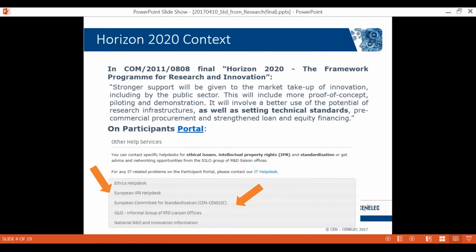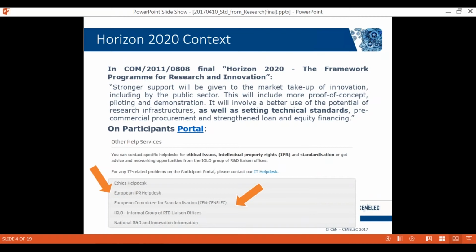In the communication that sets the Horizon 2020 framework, standards were identified as a concrete market tool. And because the research program deals with innovation, so is very closely linked to the market, standardization is one of the primary tools to ensure this transfer of innovations to the market.